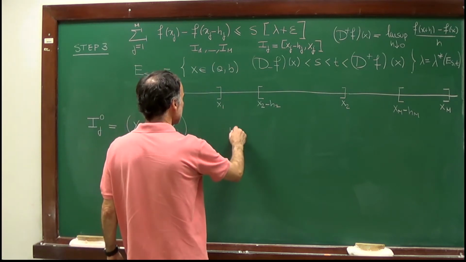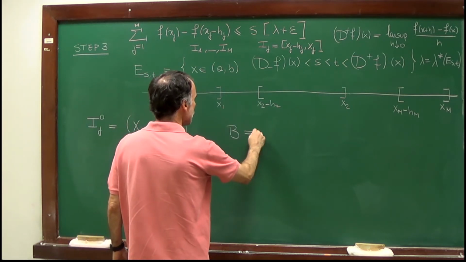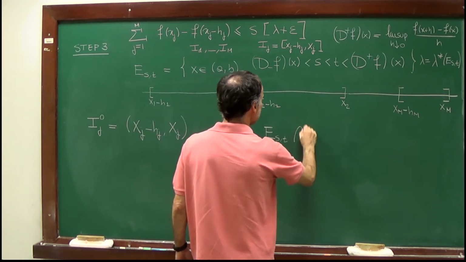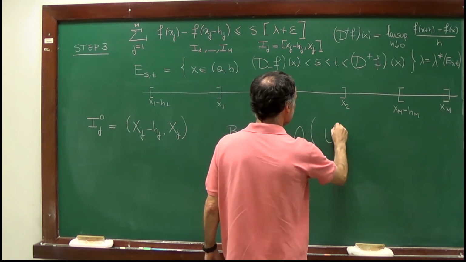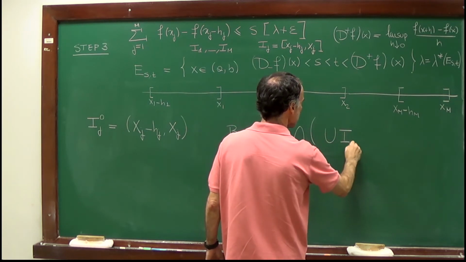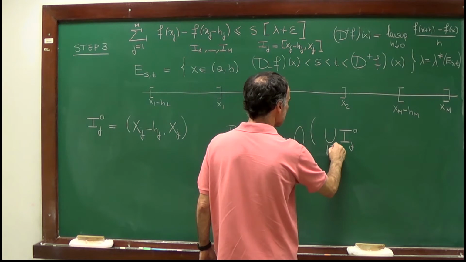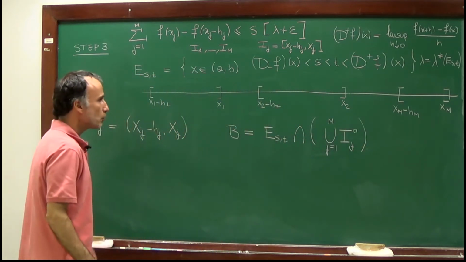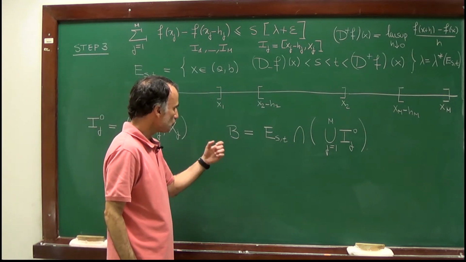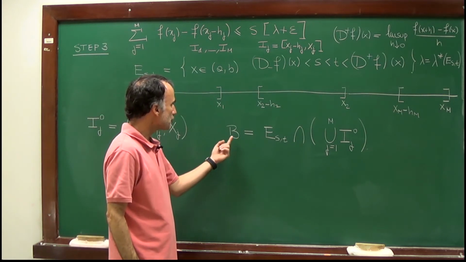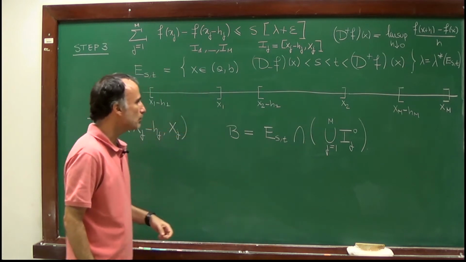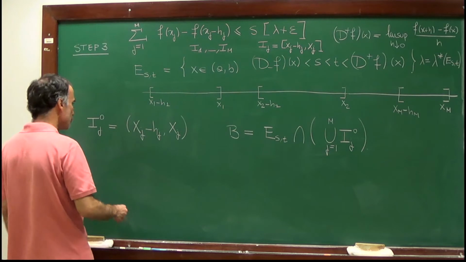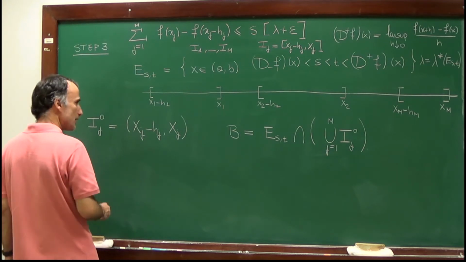And let me introduce a new set, B, which will be equal to E_s^t intersection the union of these intervals I_j^0, for j from 1 up to m. And what I claim is that the measure of B is almost equal to the measure of E_s^t. So let me show you what I claim.